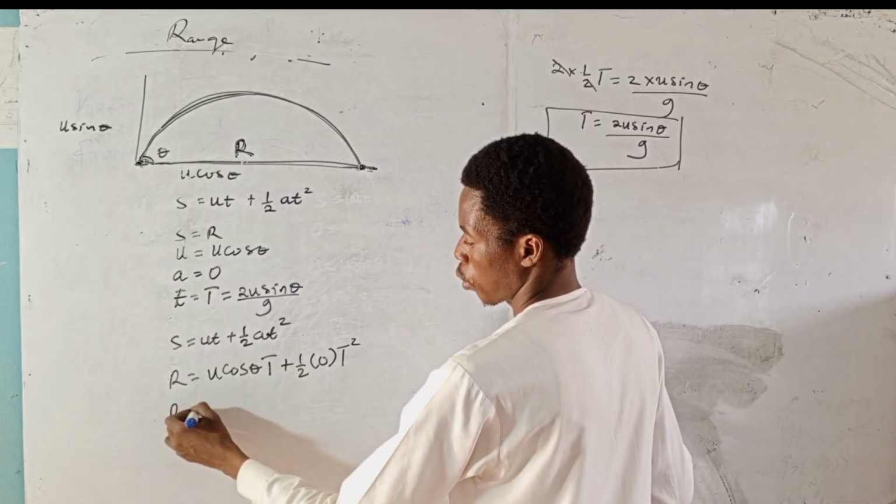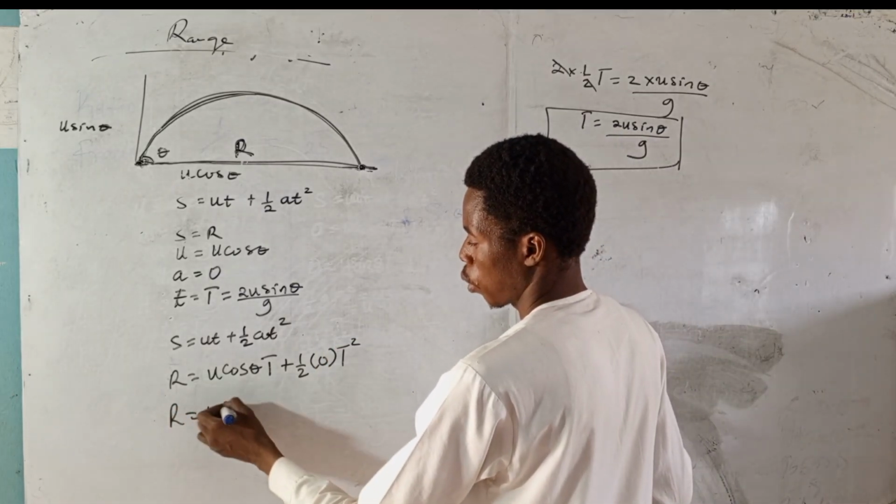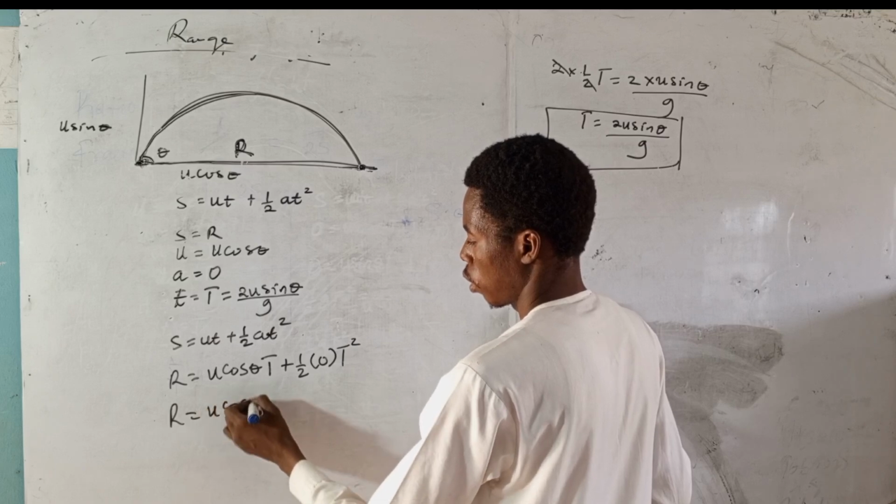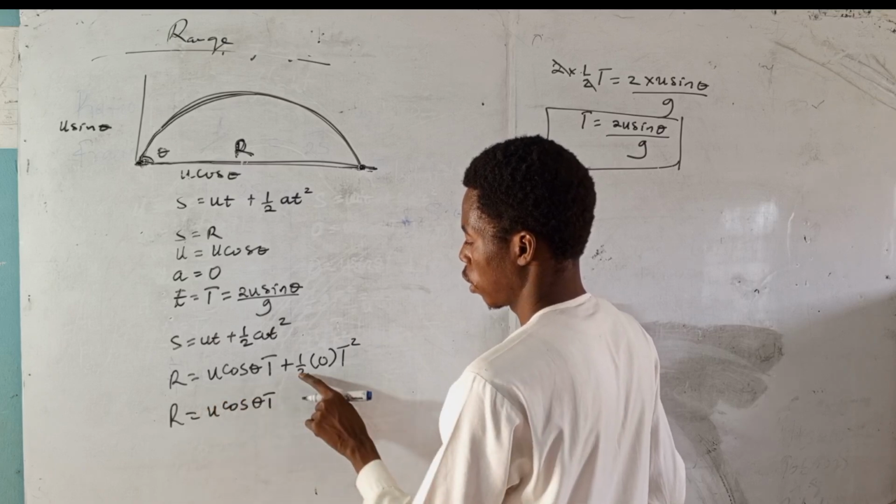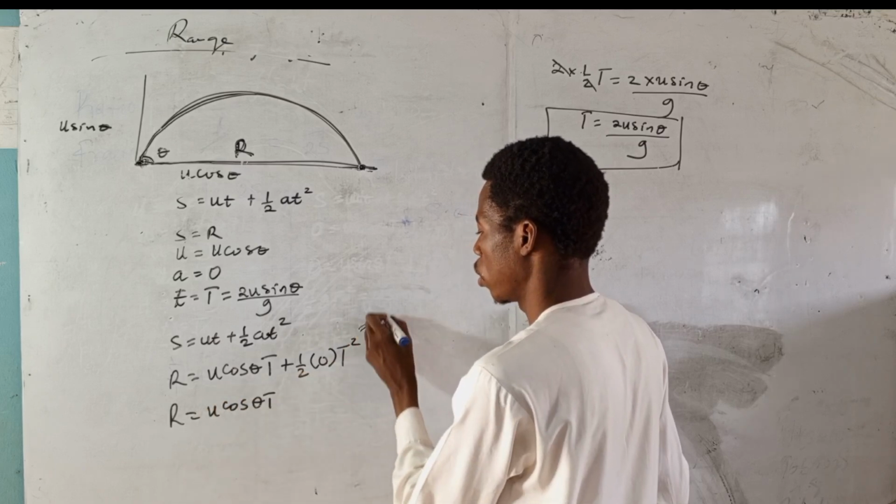Now R equals u cos theta T, since anything multiplied by 0 is 0.